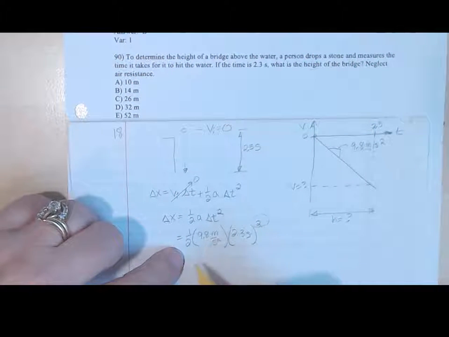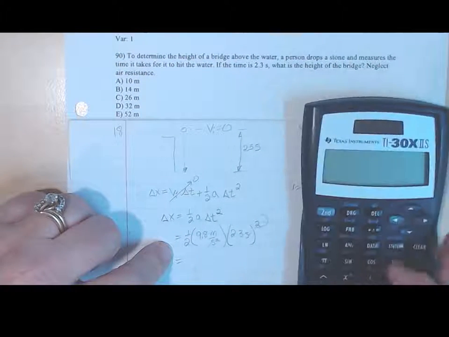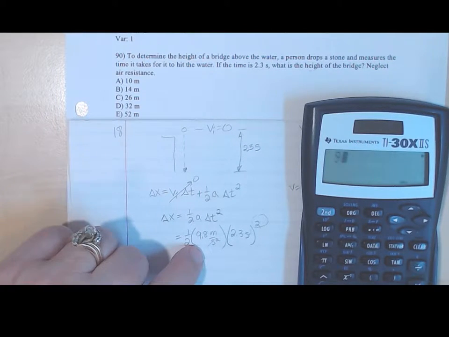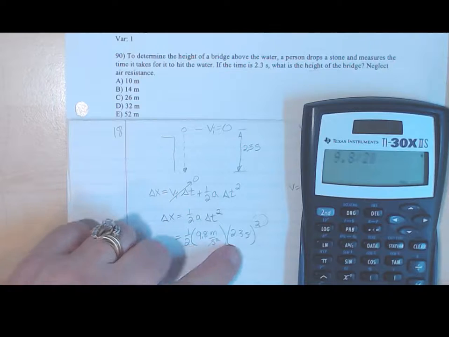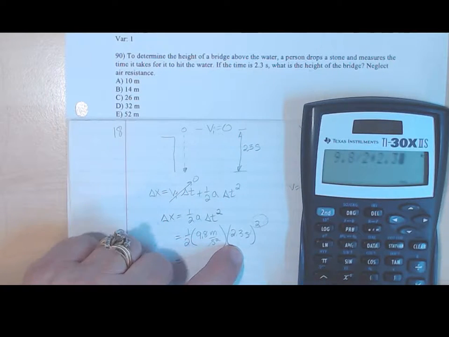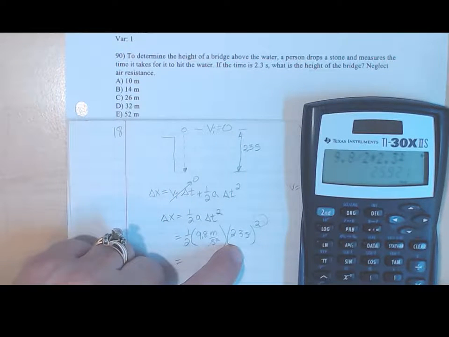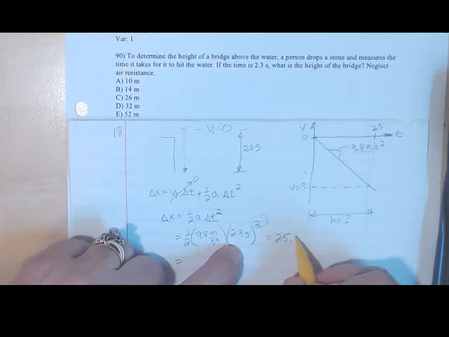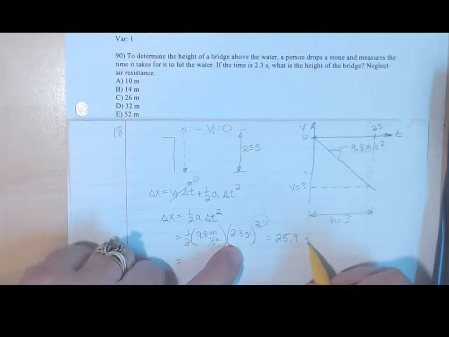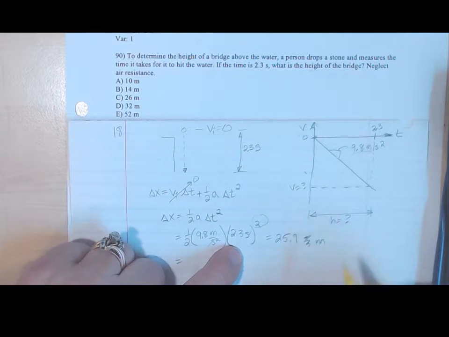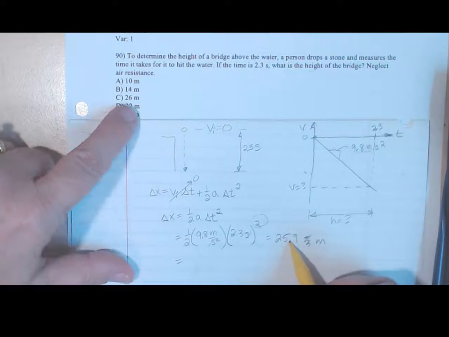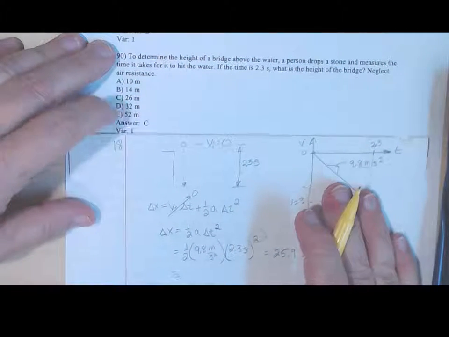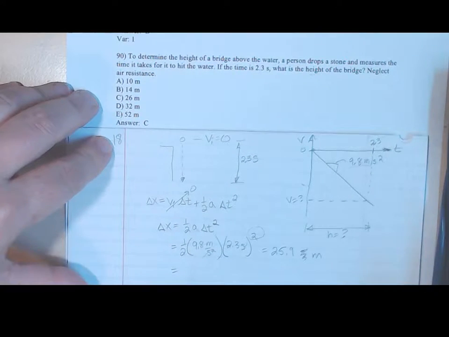Units cancel units, so I should have 9.8 divided by 2 times 2.3 squared, 25.9 meters. And obviously C is the answer they're looking for because they're looking for me to round it, and there we go.